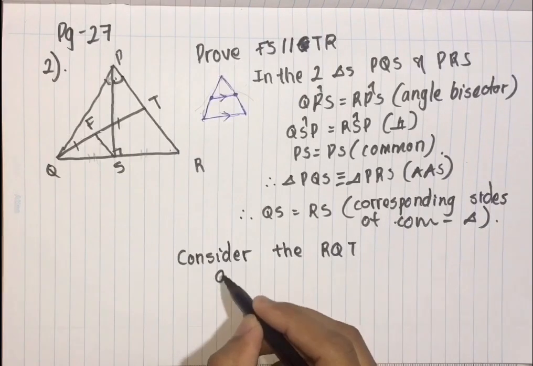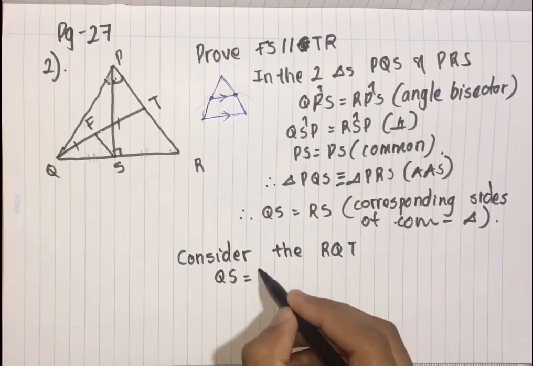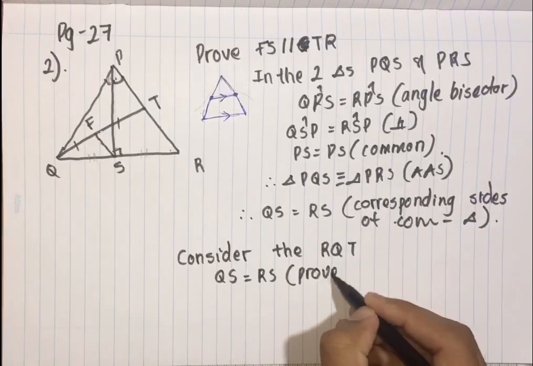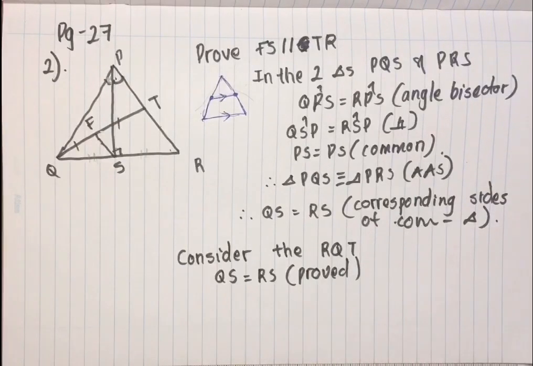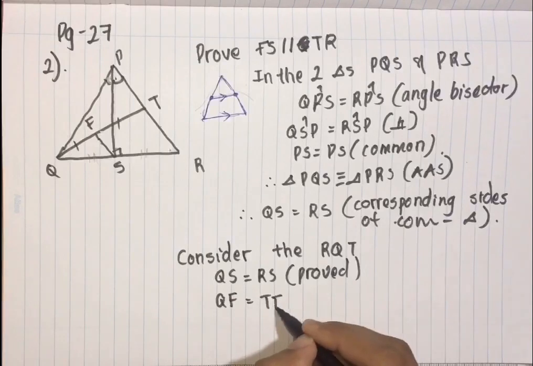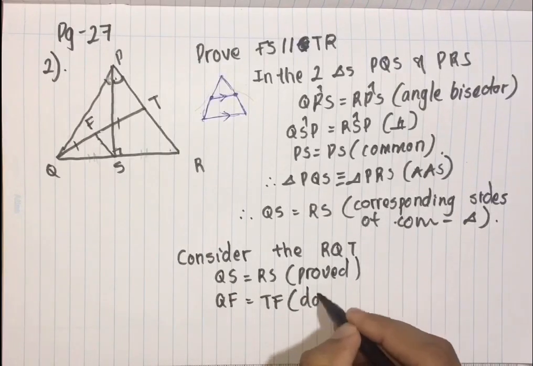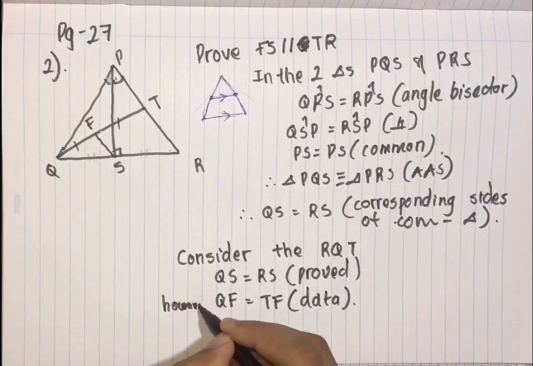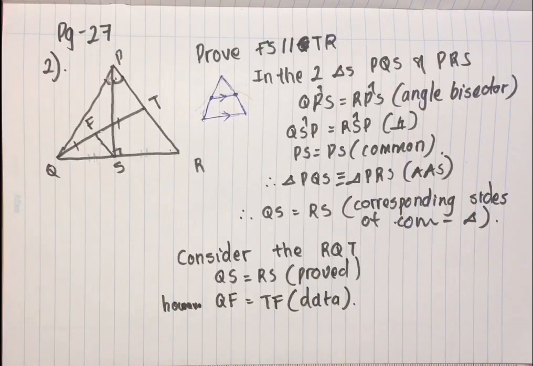QS is equal to RS. What is the reason? I have proved it, or you can say it is the corresponding sides of congruent triangles. Also, QF is equal to TF. What is the reason? That is data, since it is given.